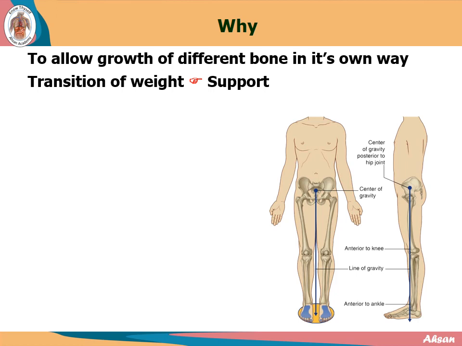In this way, it keeps the skeleton intact and transmits the weight nicely, supporting the different parts of the body at their position. So it is responsible for keeping the different parts of the body in their place and helping them to perform their function in a proper way.